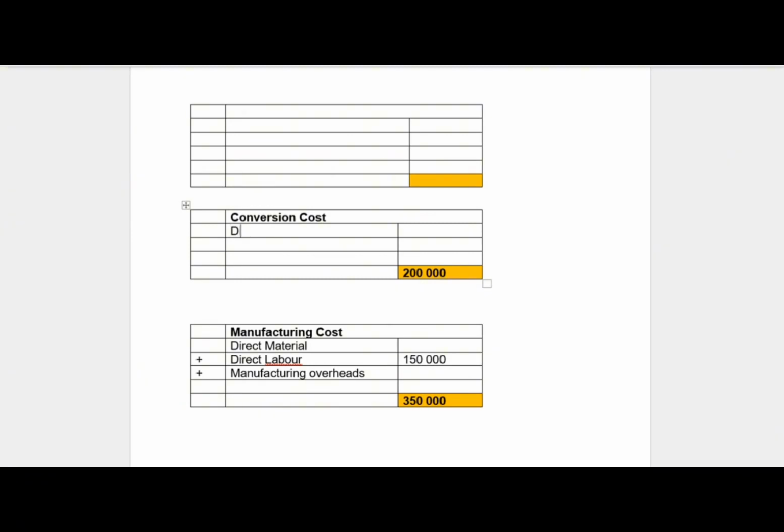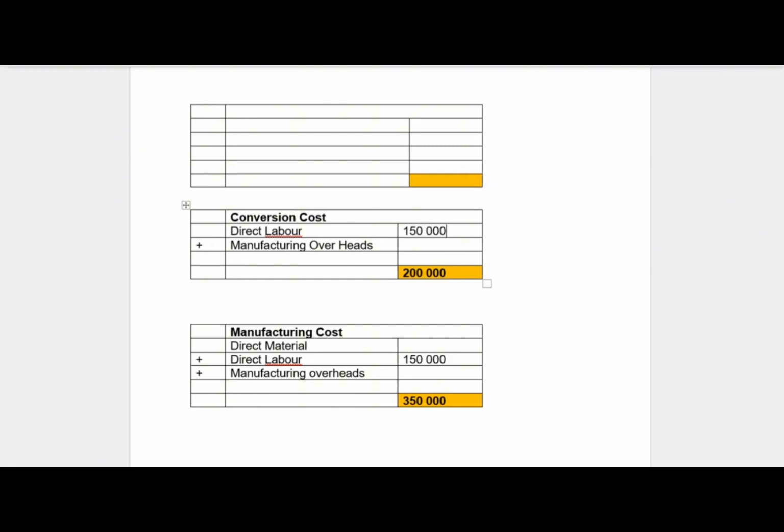We say direct labor plus manufacturing overheads. Right? So remember we have our direct labor of 150,000, right?